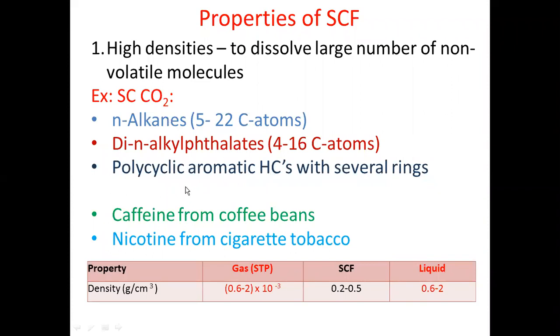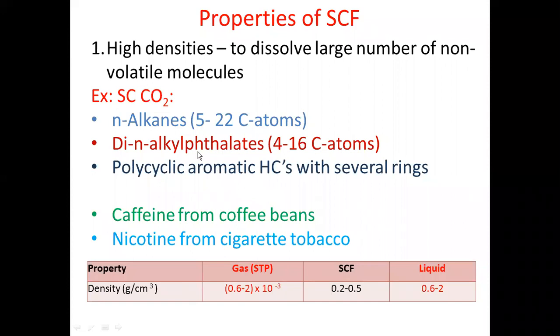And when you look at the polycyclic aromatic hydrocarbons with several aromatic rings, they are mostly insoluble in many commonly used solvents, but supercritical carbon dioxide will become an excellent, selective solvent for the dissolution of polycyclic aromatic hydrocarbons.